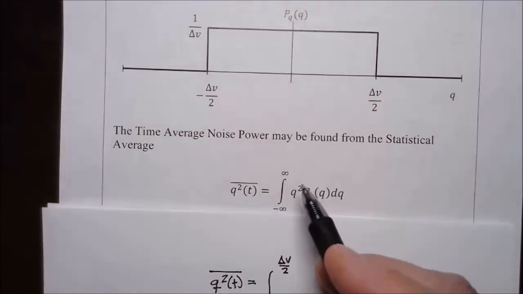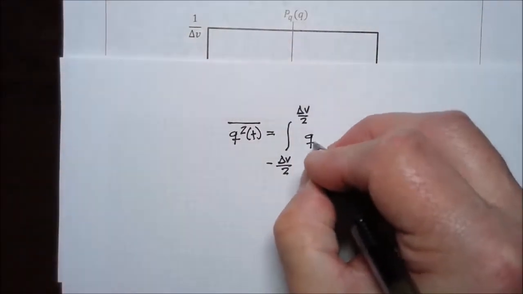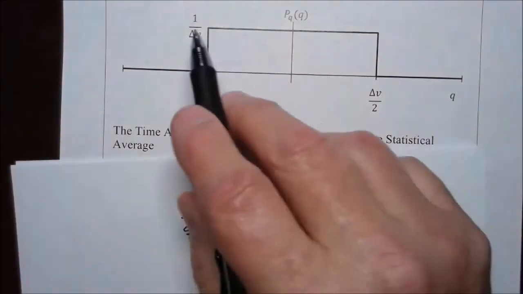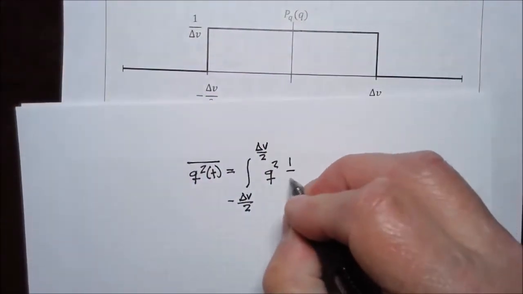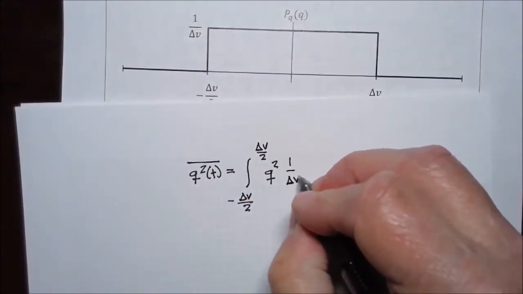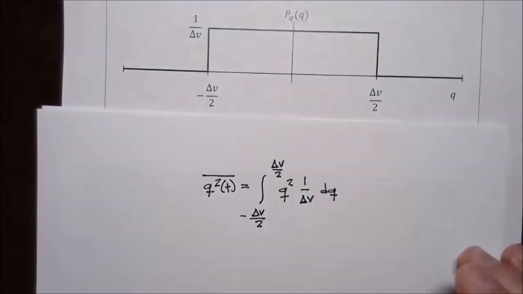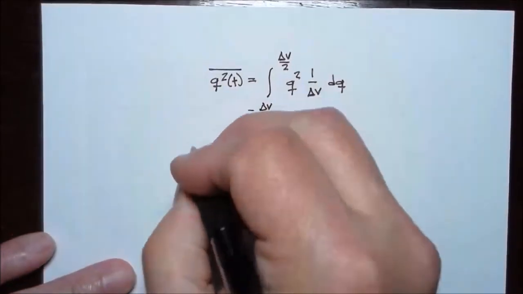And now we take Q squared, and we multiply by the probability density function in between this range. That's 1 over delta V, and we are integrating with respect to Q. So let's carry out this integration, and perhaps this is calculus so easy that even I can do it.